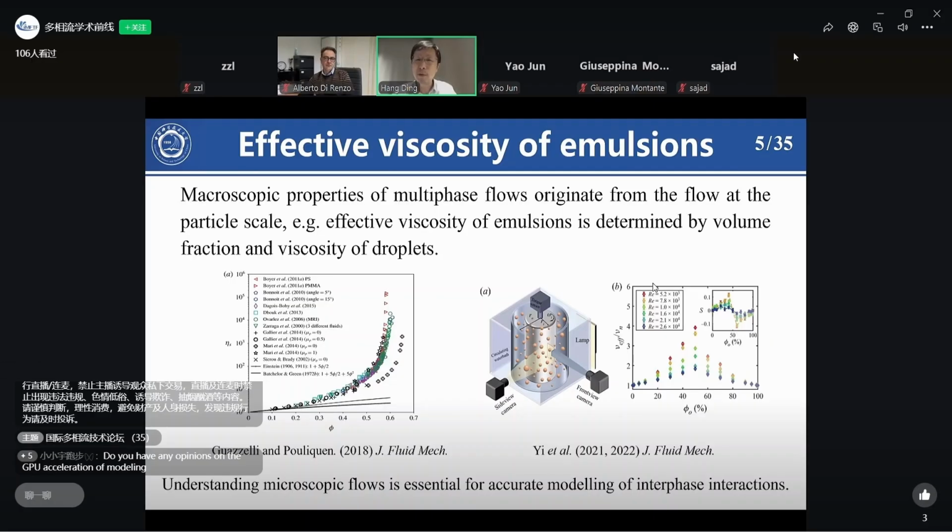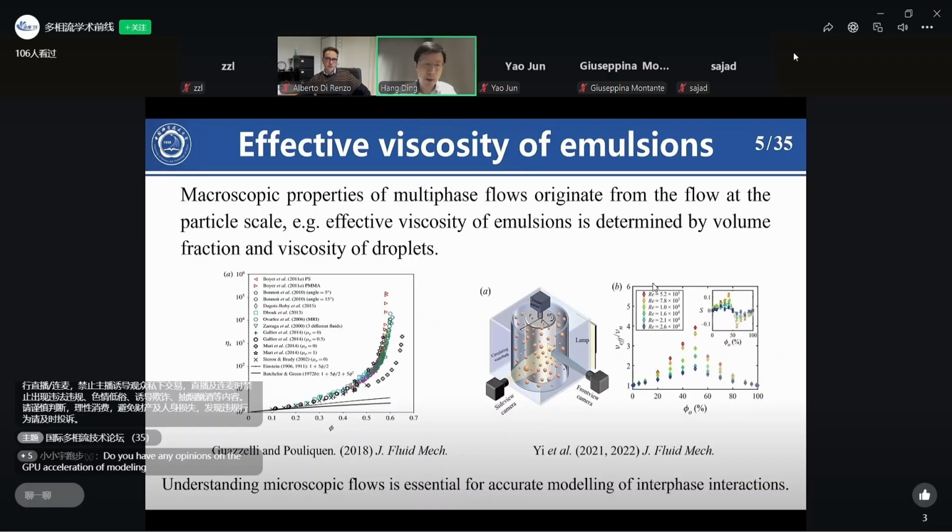In these flows, I would emphasize, as Professor Montati also emphasized, the closure model for this phase coupling is very important here. For example, what's the effective viscosity of emulsion here? It depends on the size of the particles. It could depend on the volume fraction.